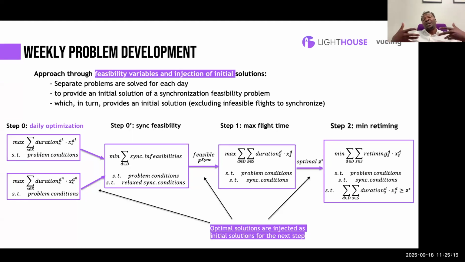Also, the optimal solution of each stage is injected as the initial point for the next step. That way, we make sure that the problem we are solving is going to converge or not.